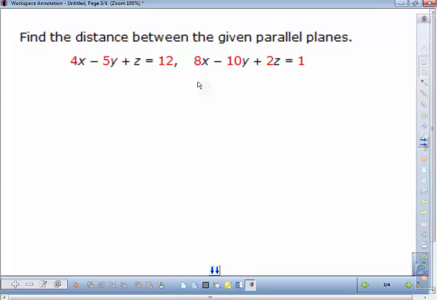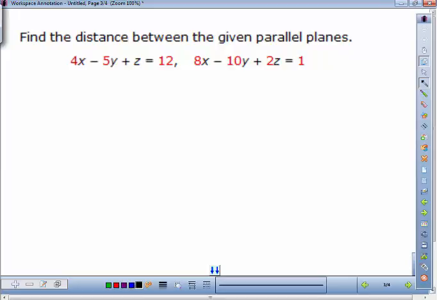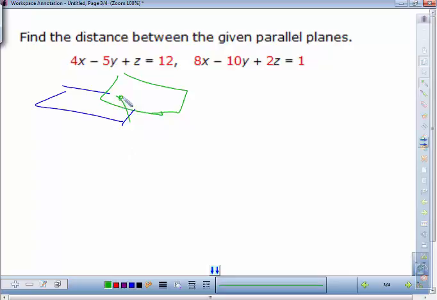So we'll say we have these two planes. We have plane 1, we have plane 2. If we can find a point on one of the planes and then find the distance between that point and the other plane, then we've essentially found the distance between the two parallel planes. So let's find a point on one of the planes.